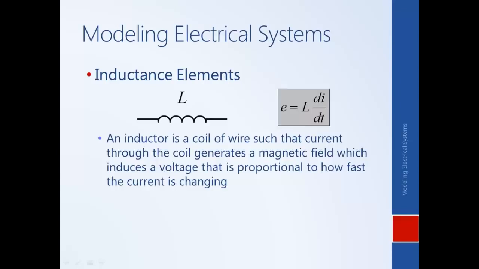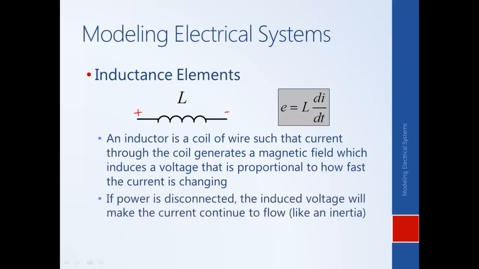So in other words, the voltage across an inductor is proportional to the rate of change of the current through the inductor. In this sense, inductors can be thought of as inertias.